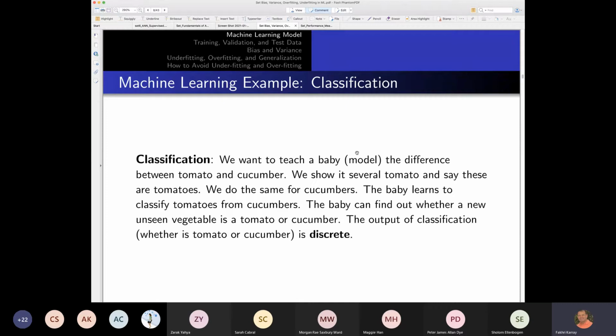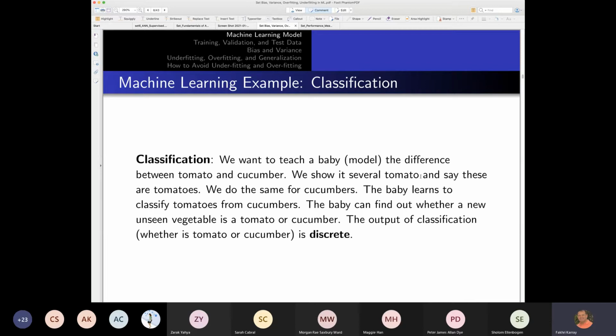And you know that each one of these vegetables has its own characteristics. Tomato is red, cucumber is green. Each one of them has a different dimension. These characteristics that characterize these vegetables, we call them features or attributes. They are going to be the inputs of a particular system.